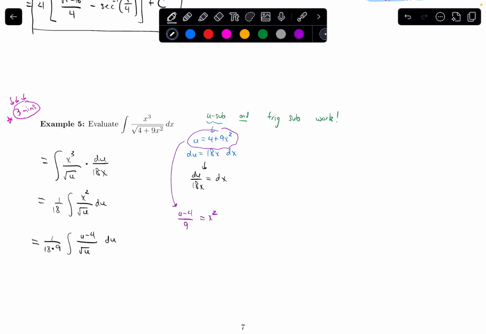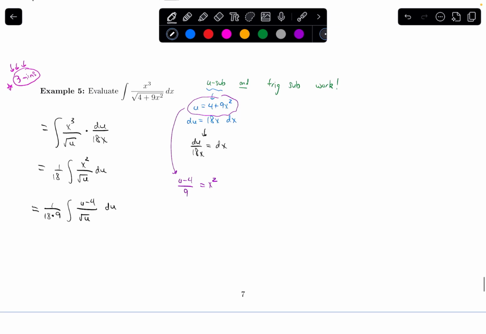Now this is much easier to evaluate because I can split up this fraction into 2. This becomes u over square root of u, and then minus 4 over square root of u, which is u to the 1/2 minus 4u to the negative 1/2. And now that's something I can do the antiderivative of.